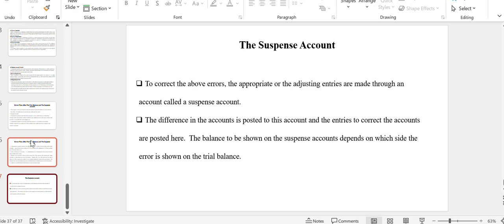Now, for example, you've been provided with a set of values in form of a trial balance. The debit side of the trial balance, let's say it is 5,000. The credit side of the trial balance is, let's say, 4,000. They are not the same. So you are going to open a suspense account, and let me use an example here before we do an illustration.